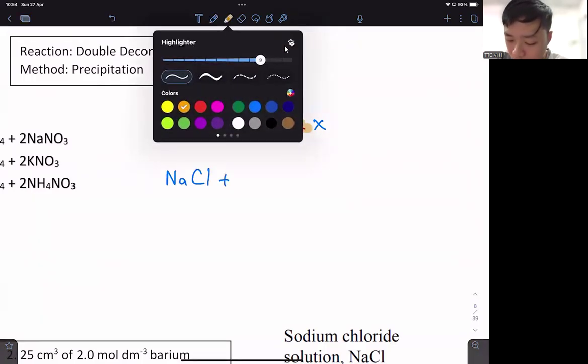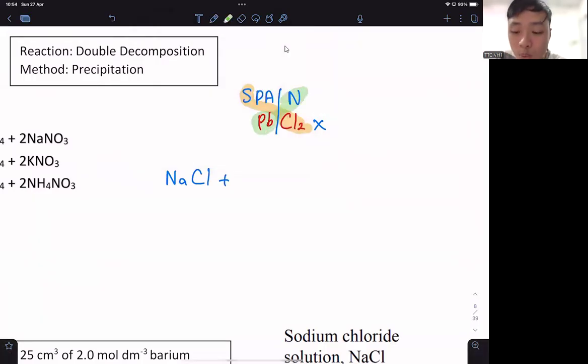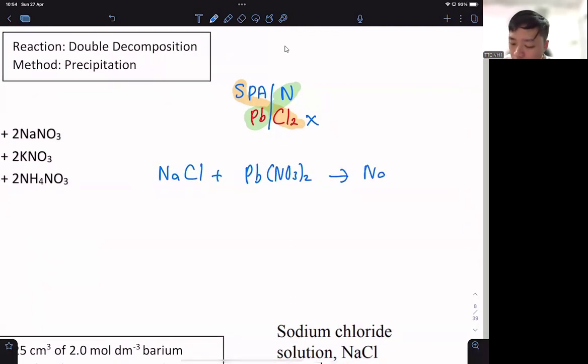Second, lead 2 nitrate. So you get your NaNO3. Na pairs with NO3, Pb pairs with Cl minus, and instantly you get your insoluble salt.